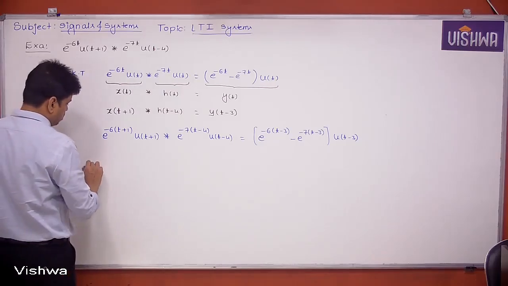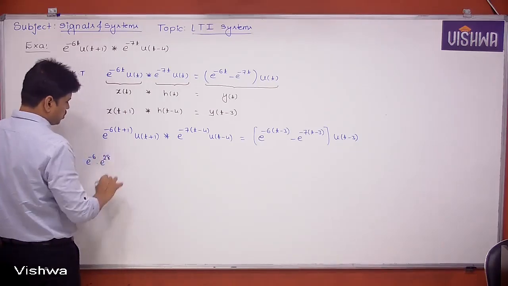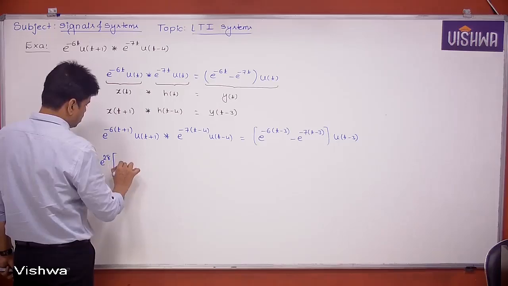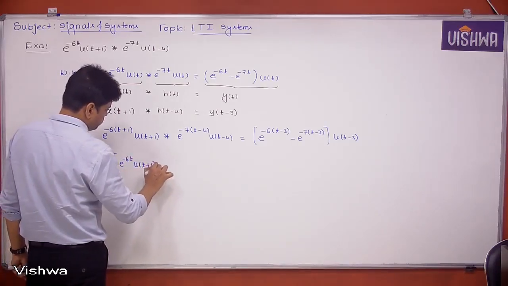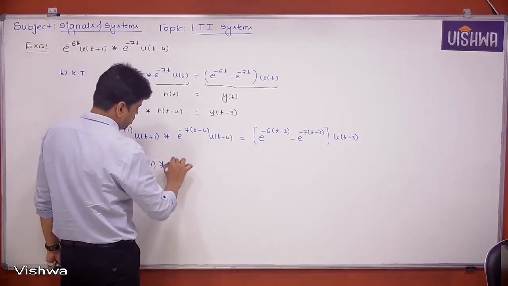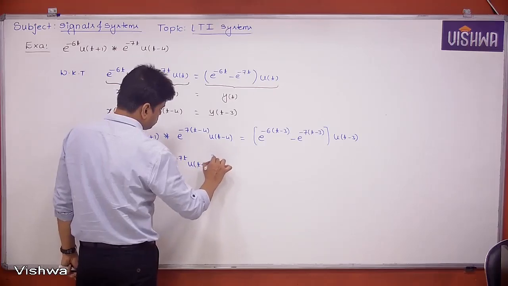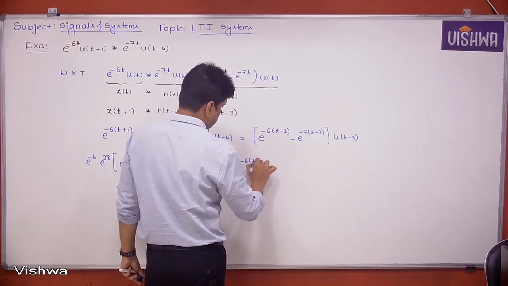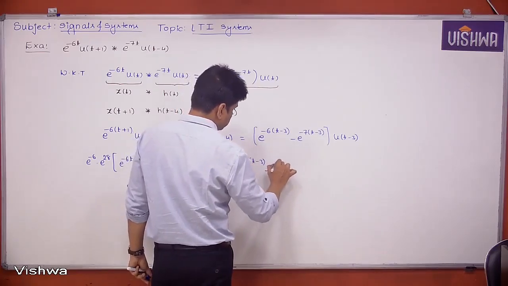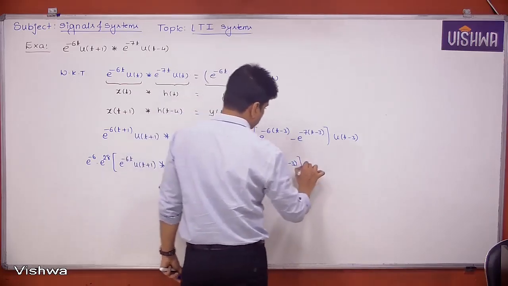Then this is going to be e power minus 6, e power plus 28, then e power minus 6t u of t plus 1 convolution with e power minus 7t u of t minus 4. Then the same result we are going to get, e power minus 6 (t minus 3) minus e power minus 7 (t minus 3), into u of t minus 3.